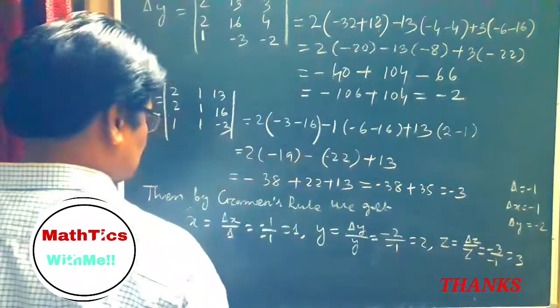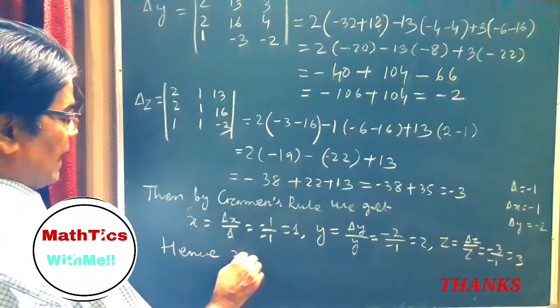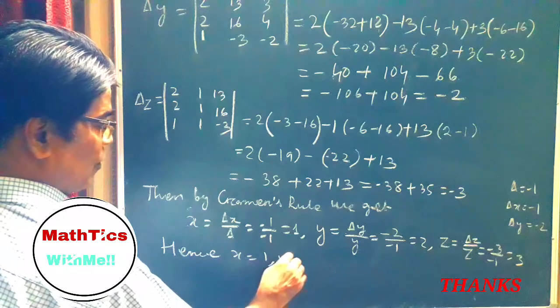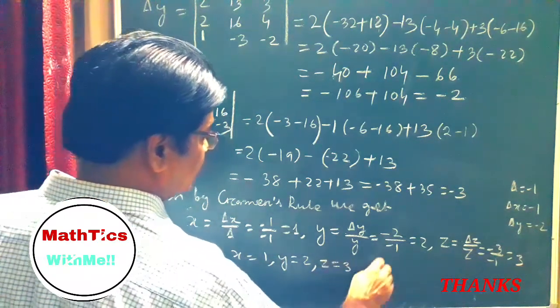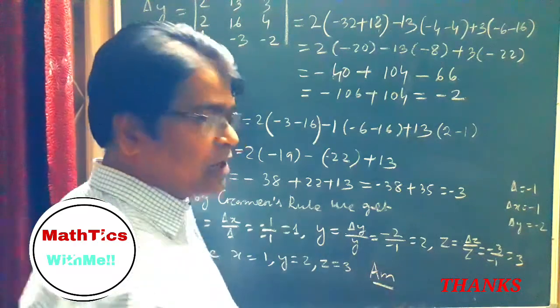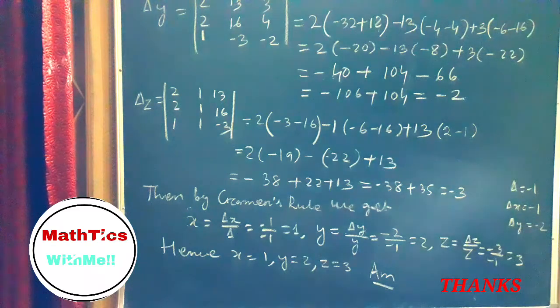So hence x equals 1, y equals 2, z equals 3. So we have got the values of x, y, z by Cramer's rule. Now the problem is solved.